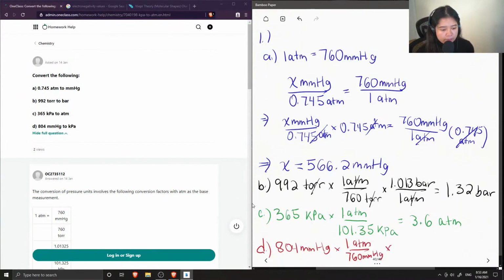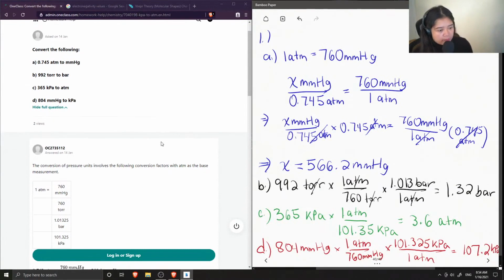And now we'll convert to kilopascals. And we end up with 107.2 kilopascals.